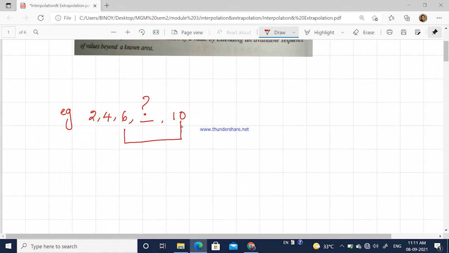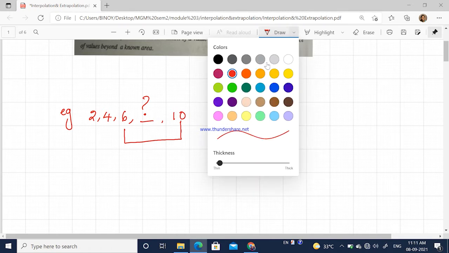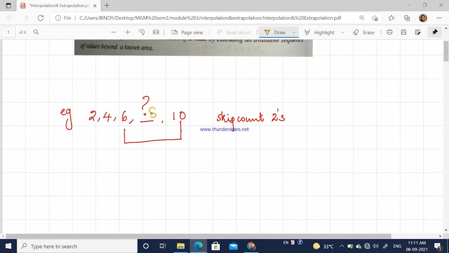This series goes up in skip counts of 2's. 2 plus 2 is 4, 4 plus 2 is 6, so obviously 6 plus 2 will be 8. So the value which lies between 6 and 10 is 8.